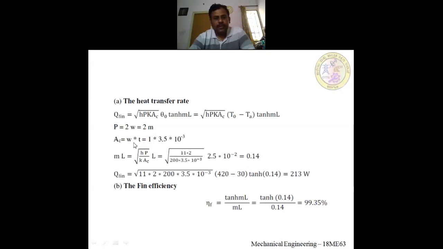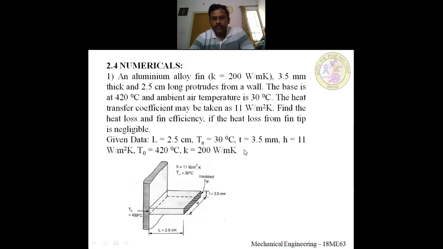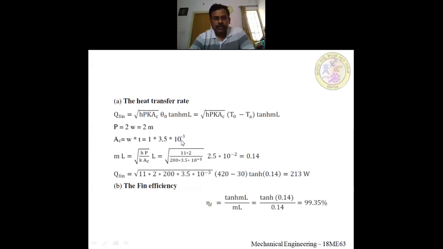Next, cross-section area is width into thickness. Width is 1, thickness is how much? 3.5 mm. Convert into meters: 1 millimeter is 10 power minus 3 meters, so 3.5 into 10 to the power minus 3 meters. Meters square it will become when you multiply.